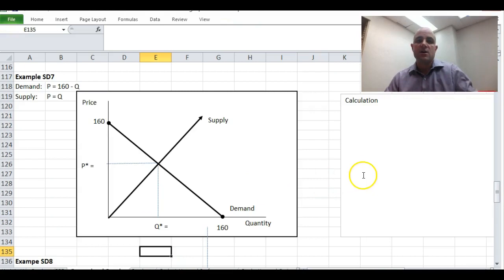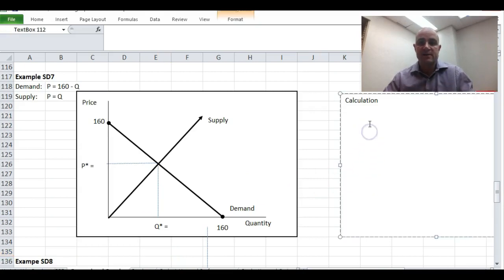If we go through and calculate it, our equilibrium point is where supply equals demand, where the two prices equal each other. So if you take price equals 160 minus Q, from the demand, and price equals Q, from the supply, and substitute, 160 minus Q equals Q. So we get 2Q equals 160, and so Q equals 80.